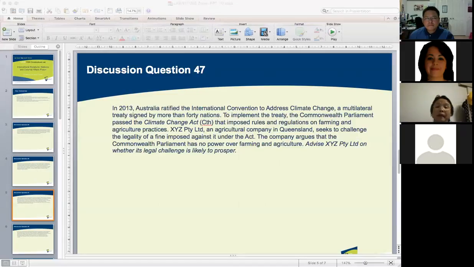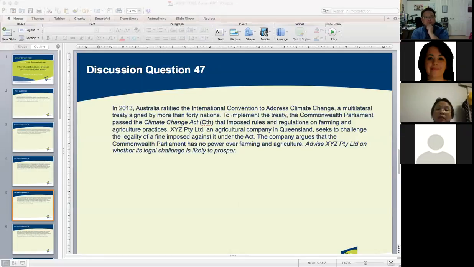Then that gives Australia the power under section 51, I don't know what number that is, to use that authority domestically, even though the parliament does not have power over agriculture when it comes to states.